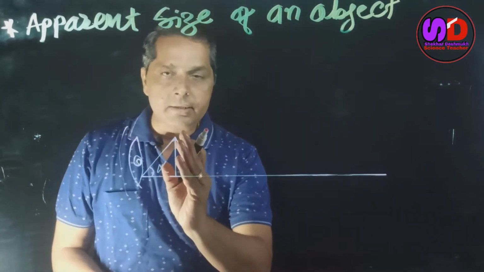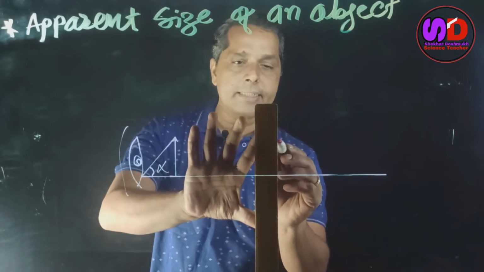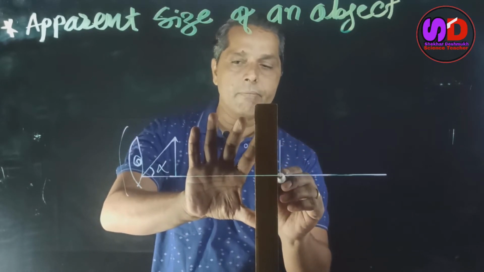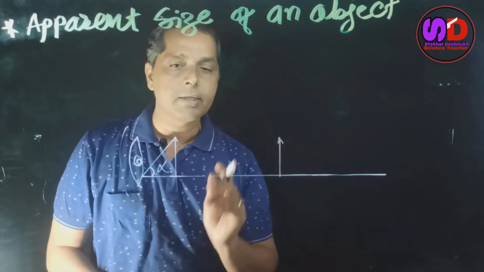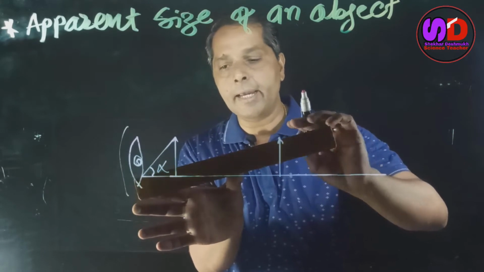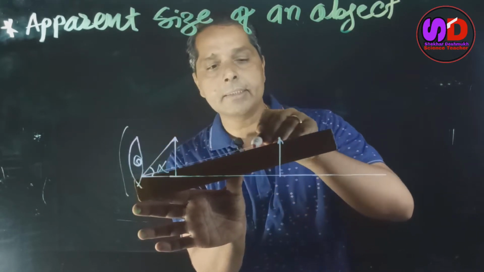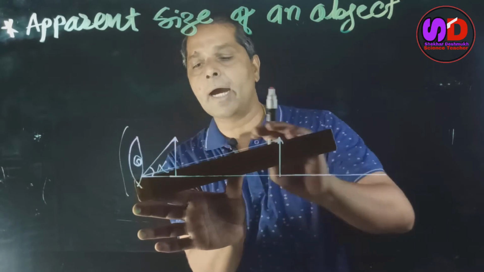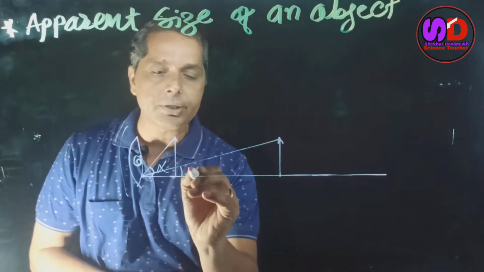If the object is going away from you, the size of the object is the same, because we are not changing that object. The object is the same one, but it is now away from your eye. So the angle made by this object with your eye now becomes smaller, suppose it is beta.